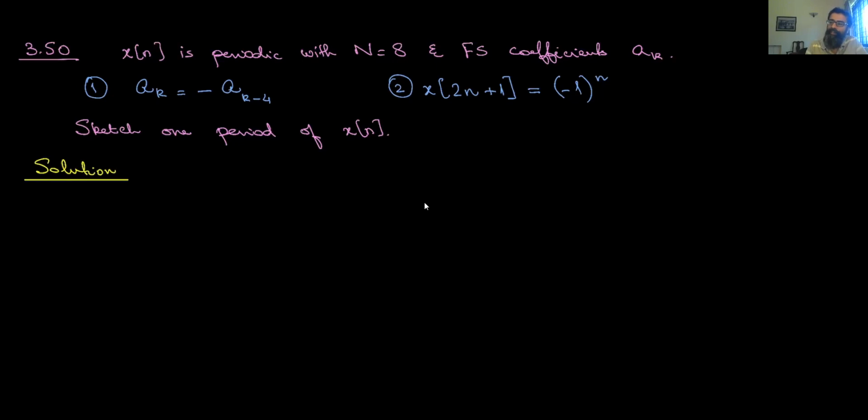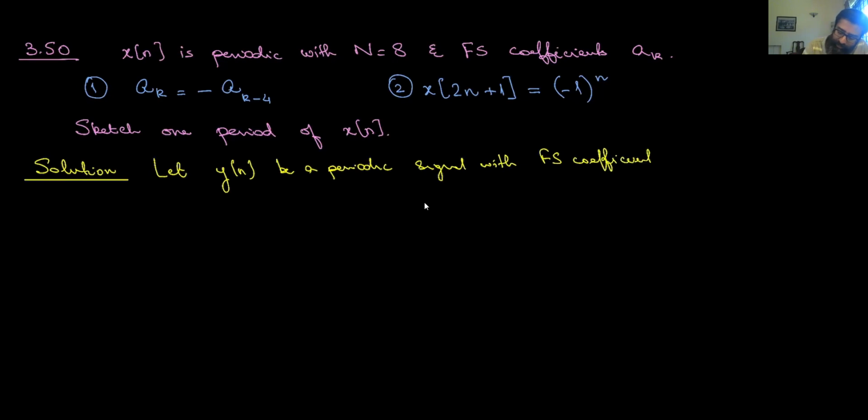What is the constraint that it implies on my periodic signal x of n? So let y of n be a periodic signal with Fourier series coefficients bk, which is equal to minus a k minus 4.